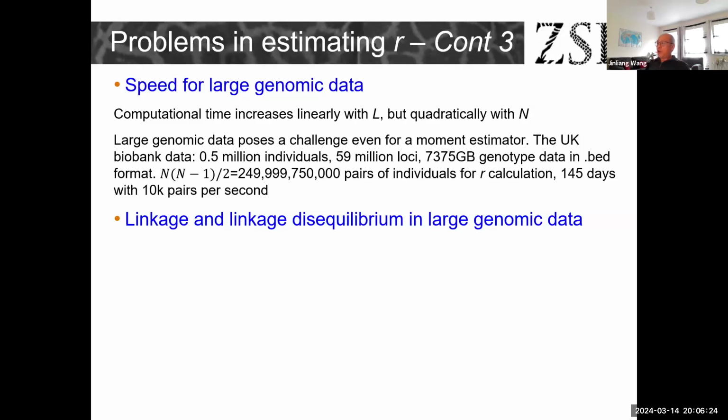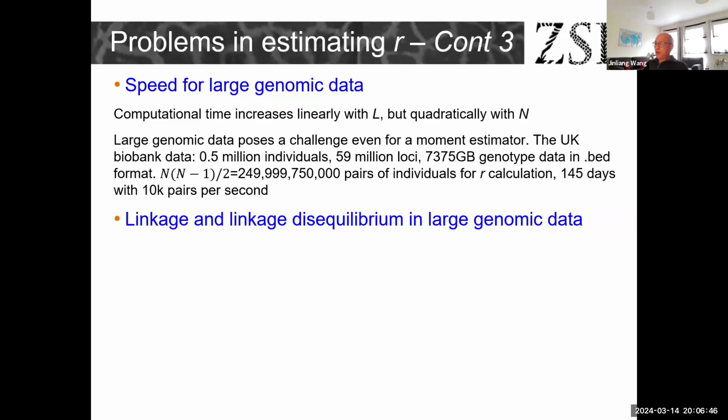For example, for the UK Biobank data, we have 500,000 individuals and 59 million loci. So the data is 7,000 GB, even in the most space-saving .bed format.